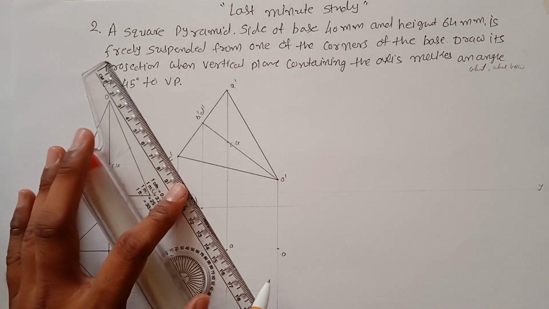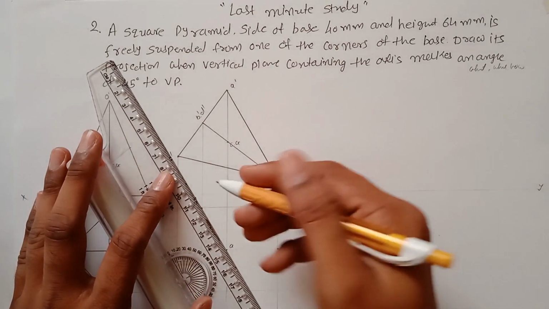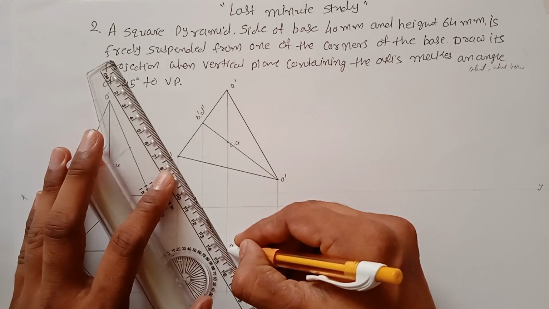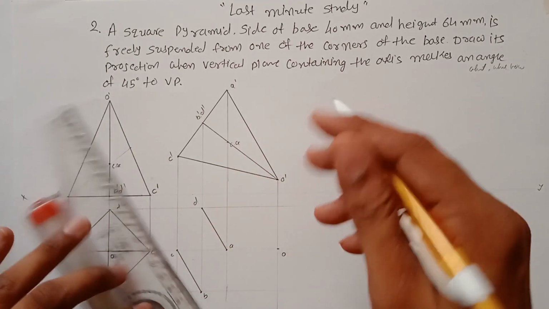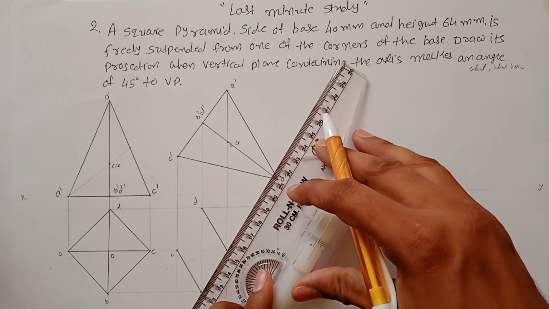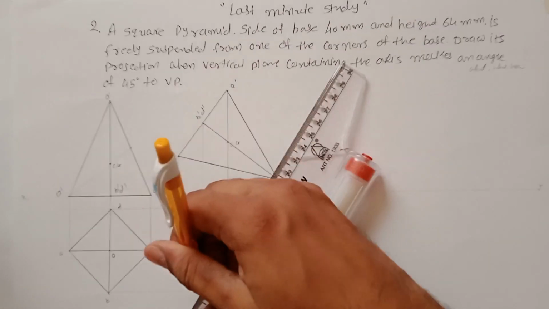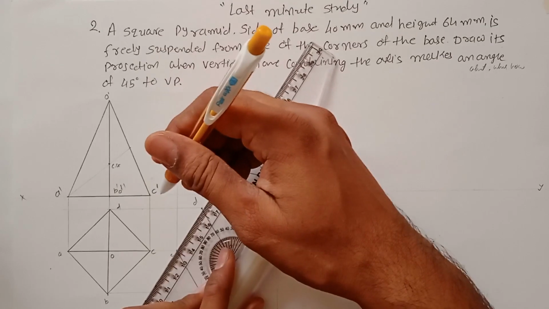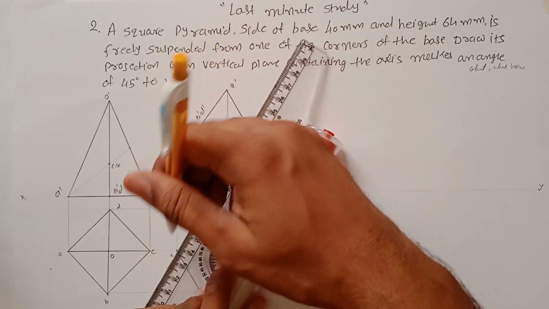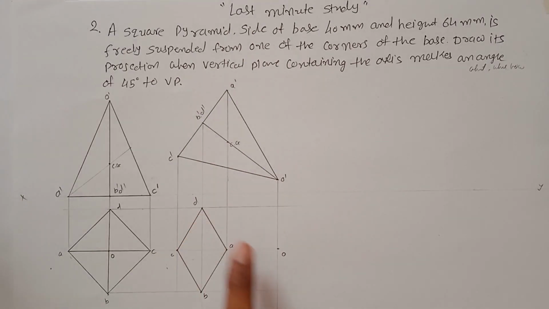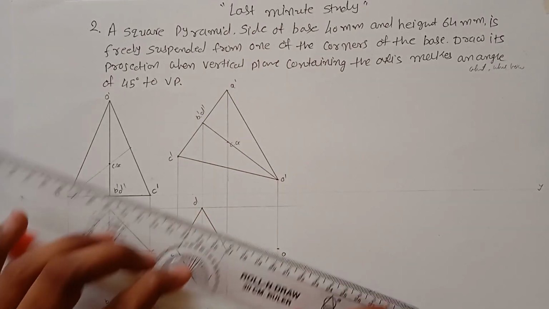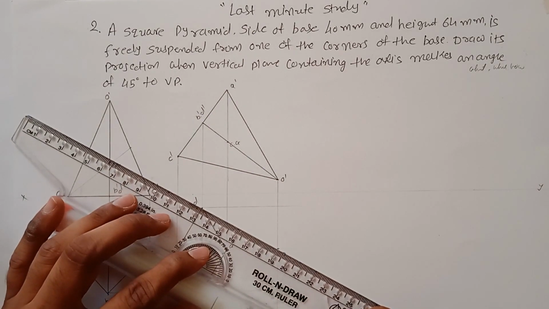Now join them. So this is the base of your pyramid in a top view. Now join O with every corner.